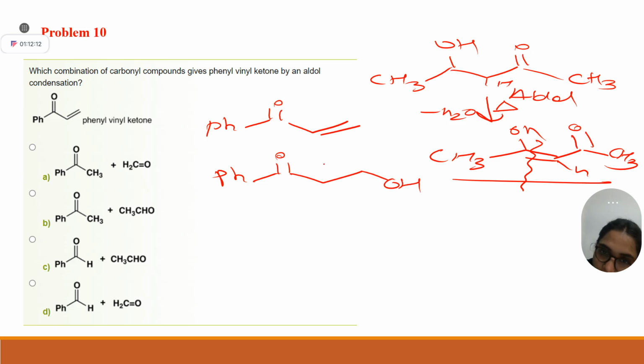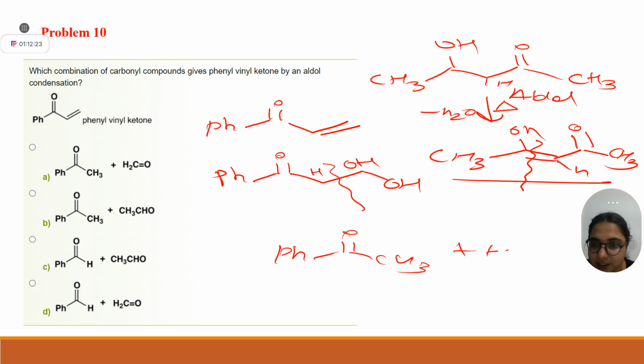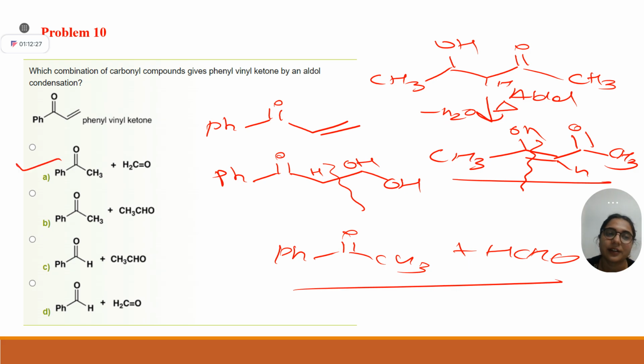Now what I've told you: draw a line, carbon having OH, give OH. This is my trick. So PhCOCH3 plus HCHO. So without looking at the options, you can tell option number A.